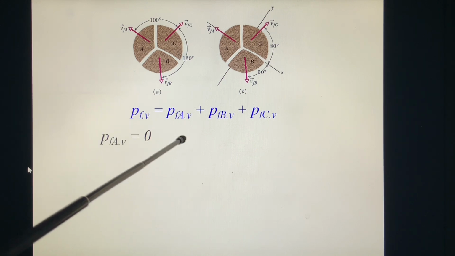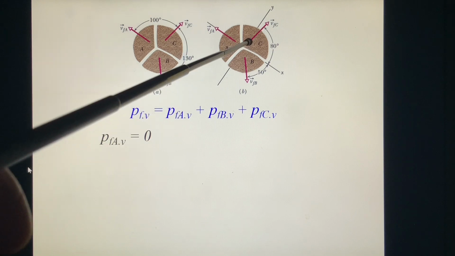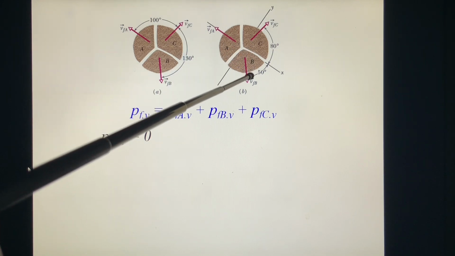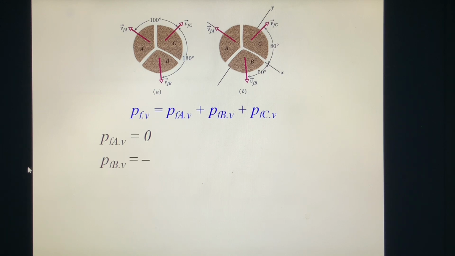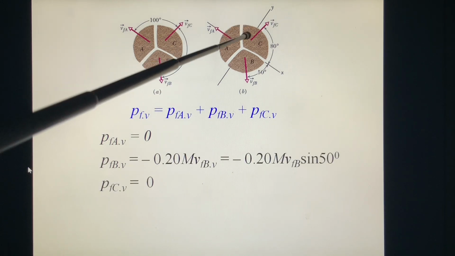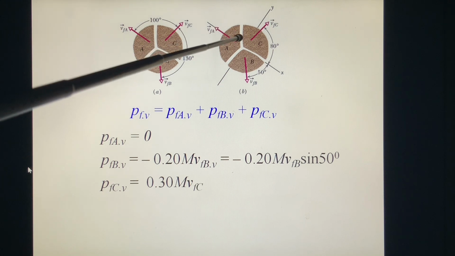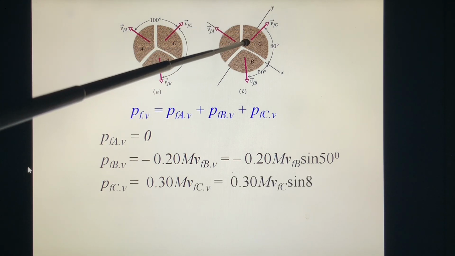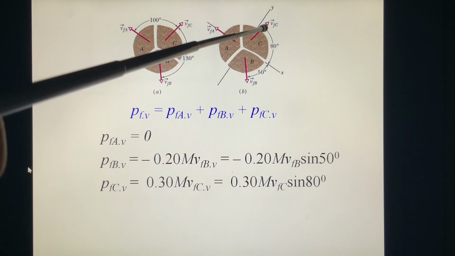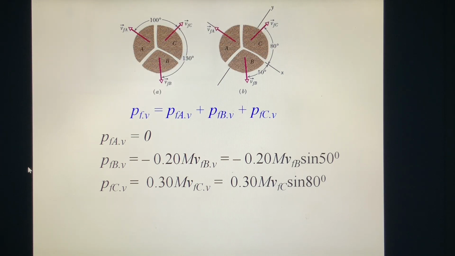Let's see this one. B y, that is B along this way, is B sine 50, a minus number, going down. The C is the positive direction, equal to 0.3 M times sine 80 degrees along this one. The y components of the three put together should be 0.